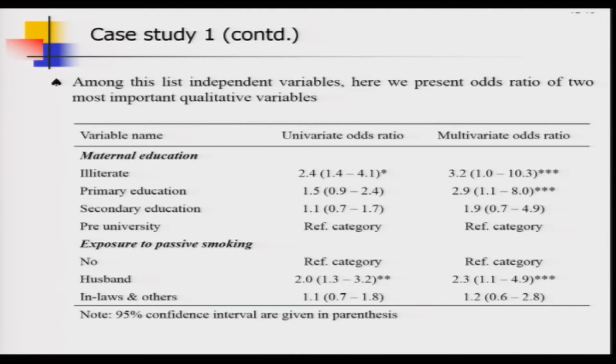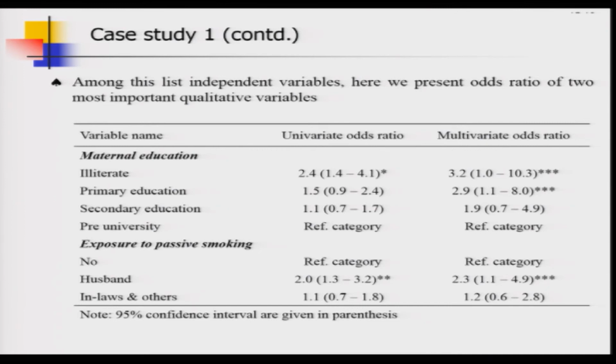As the education level of the mother goes up, we can expect that the risk of delivering a low weight baby will fall. That is what is reflected in the declining numbers of the odds ratio as well. For an illiterate woman, the multivariate odds ratio is 3.2. That means the chance is 3.2 times higher that this illiterate woman will give birth to a low weight baby.